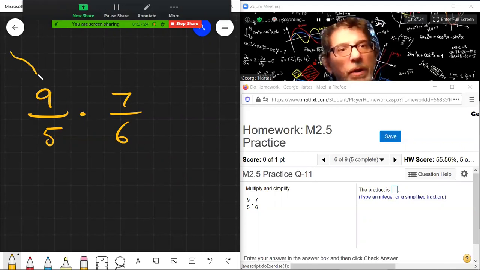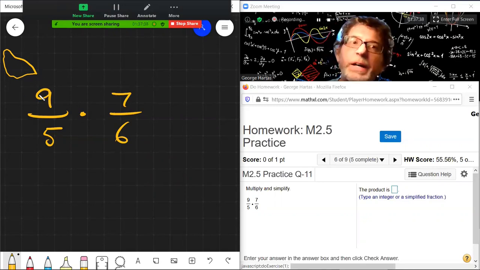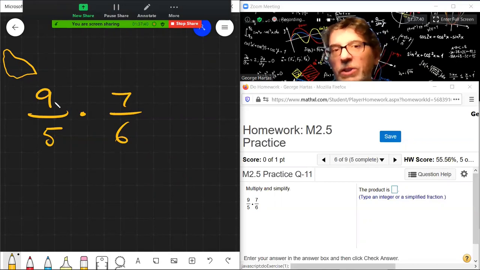What number are you thinking about that divides into 9 and 6? Oops, I gave it away. And you said 3. So this number has to divide into both of these, and that number is 3.